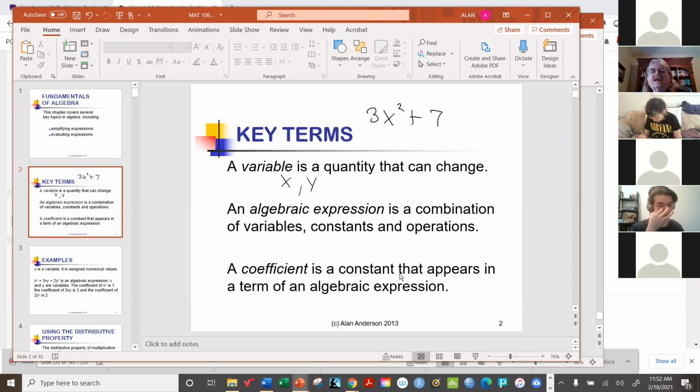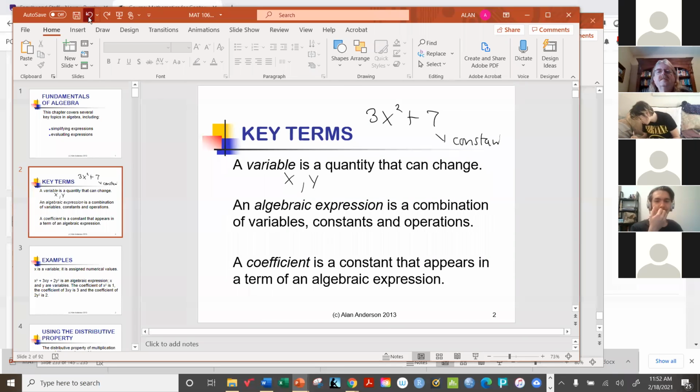And you can see I've got a constant here. A constant. I have an operator. I have a variable.